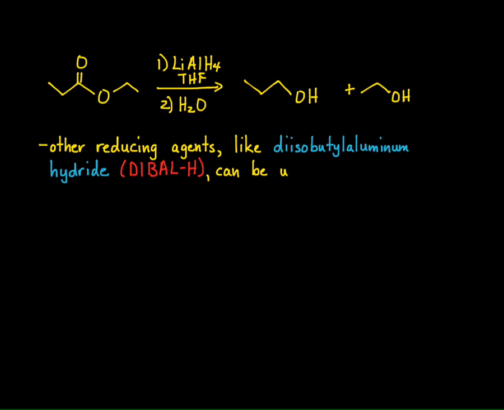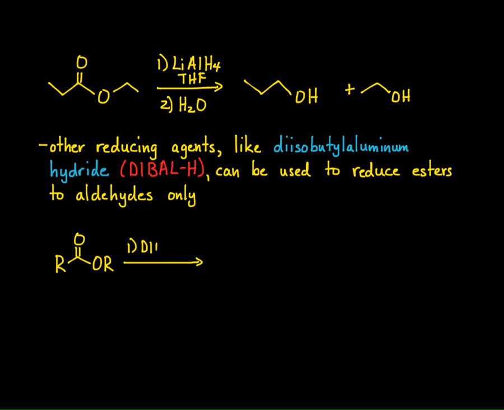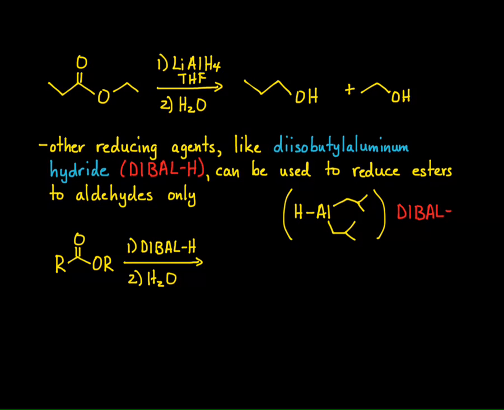And we can use this to reduce esters to aldehydes, and the reaction stops there. And so the typical reaction scheme looks like this. You're taking an ester, you're reacting it with DIBAL-H, followed by an aqueous workup. Now, DIBAL, for those of you that are fascinated with looking at structures, is this.